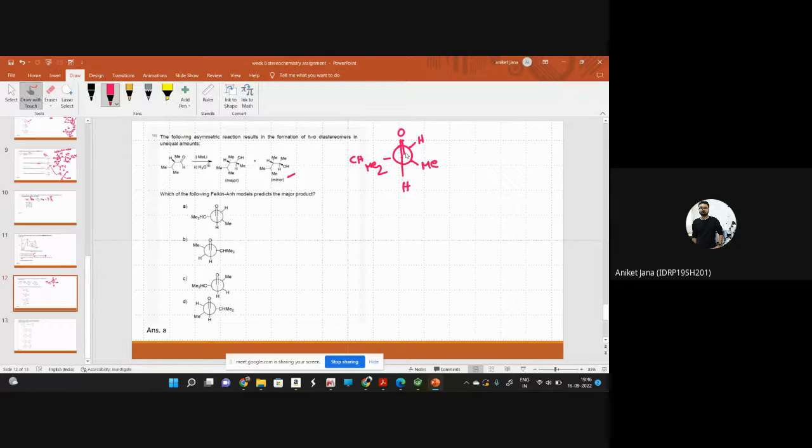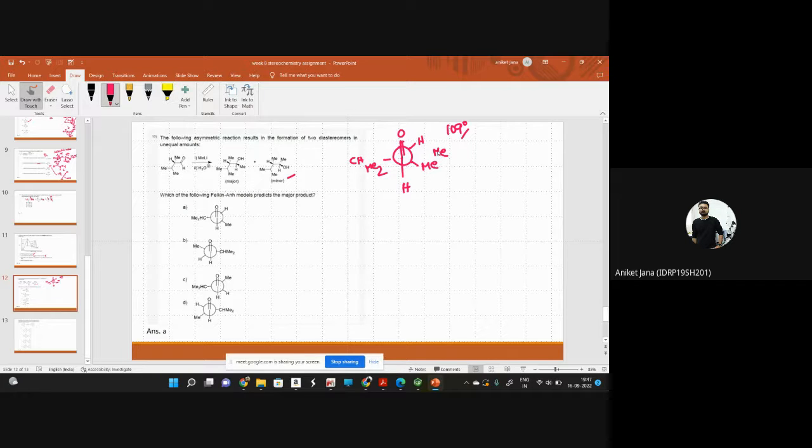Another thing in this model is that the nucleophile will attack at a 109-degree angle to the carbonyl group, and this angle is called the Burgi-Dunitz trajectory. They have shown with calculations that when the nucleophile attacks at this angle, the transition state will be more stable. Here the electrophile is the methyl group.